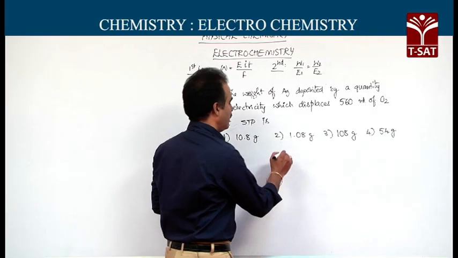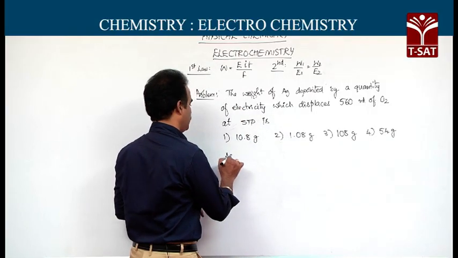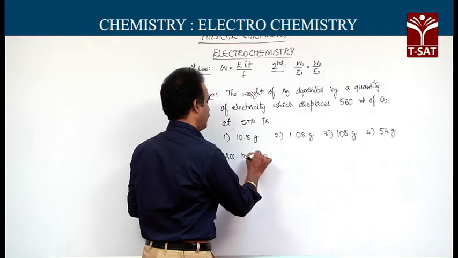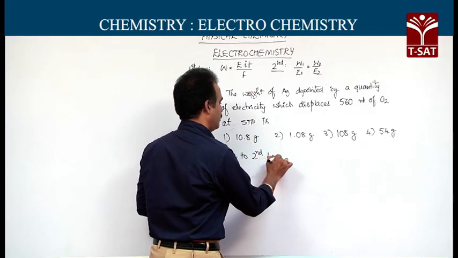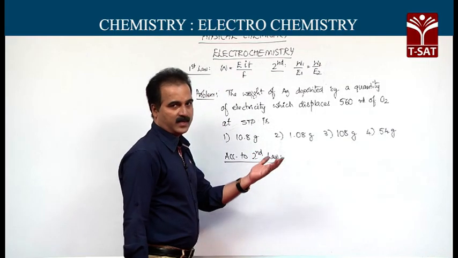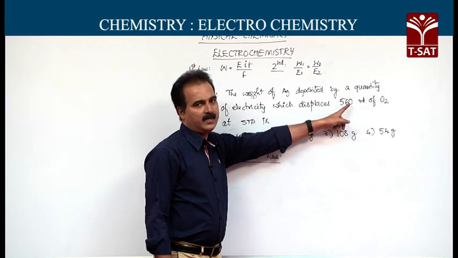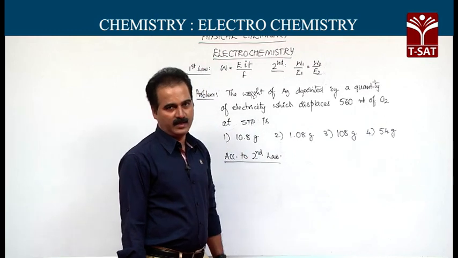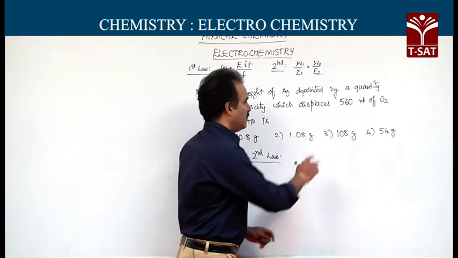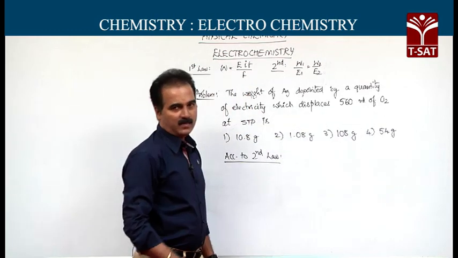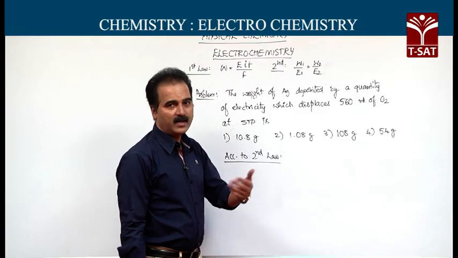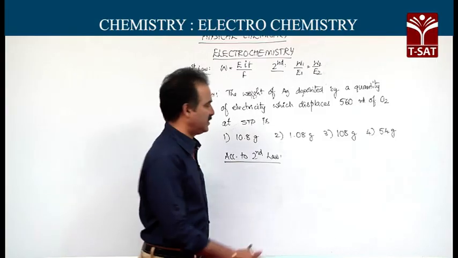Now, we know according to Faraday's second law, if you send the same quantity of charge through different electrolytes, the quantities reacting at the electrodes will be in the ratio of their equivalents.